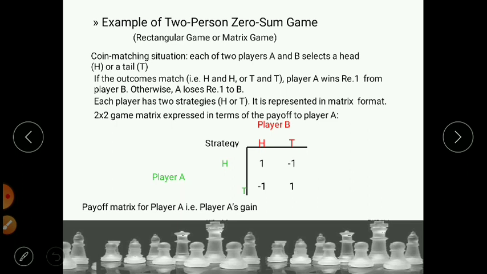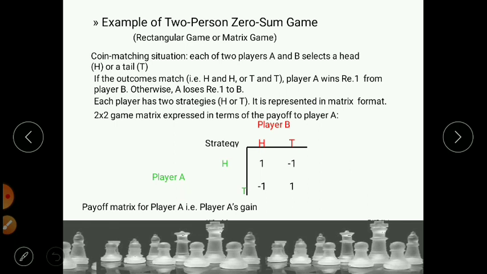If the outcome matches, that is, if both players get heads or both get tails, then player A wins. That is the condition, the final goal of the game.